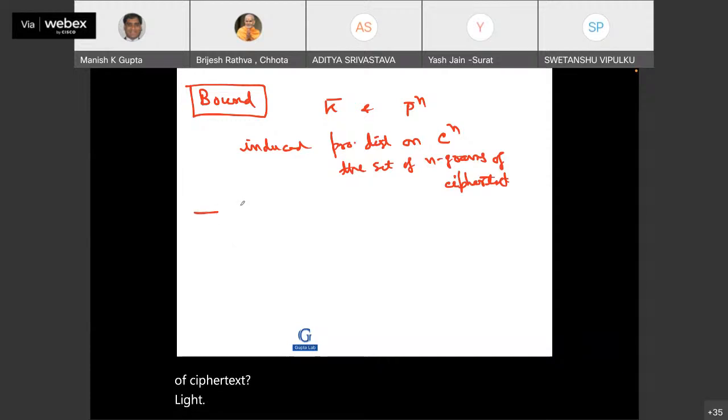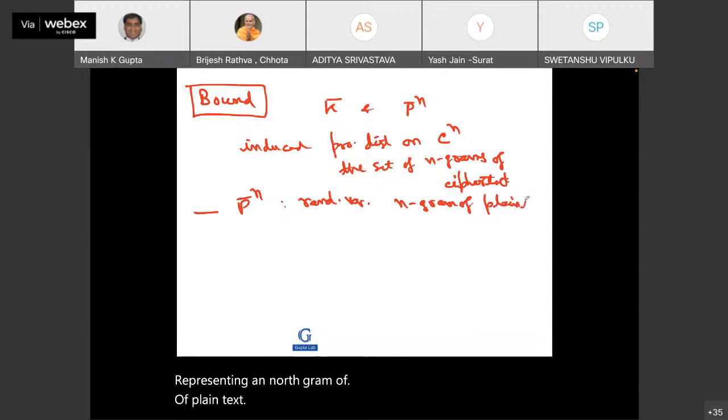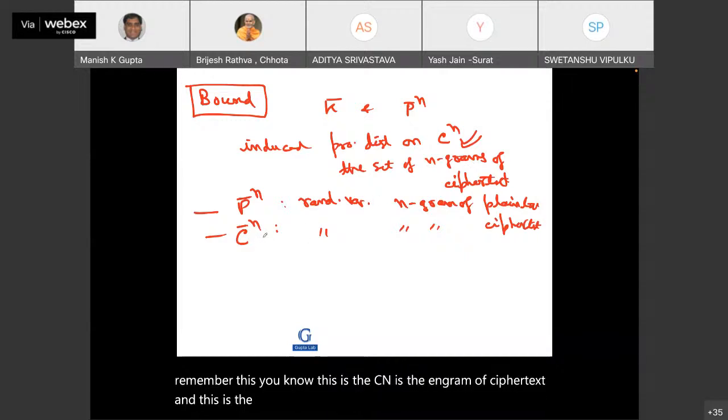So basically what is this? Pn bar is a random variable representing an n-gram of plain text, right? And then we have Cn bar, the random variable of an n-gram of ciphertext. Remember, Cn is the set of n-grams of ciphertext, and this is the corresponding random variable when we are putting bar.